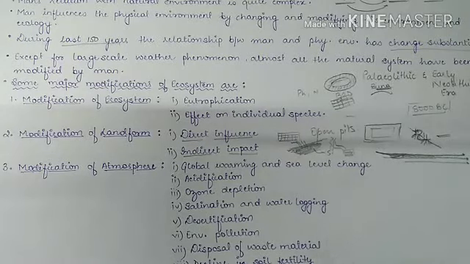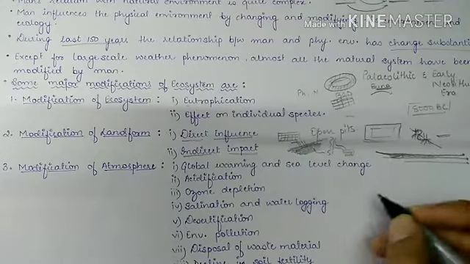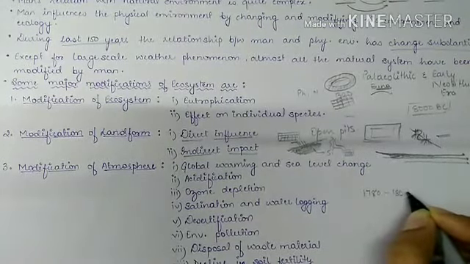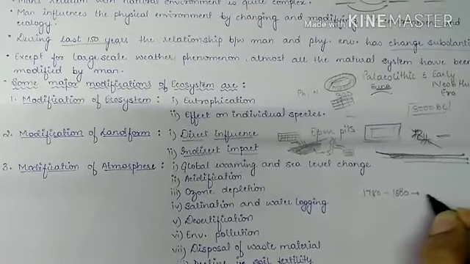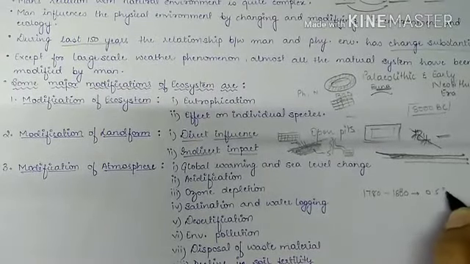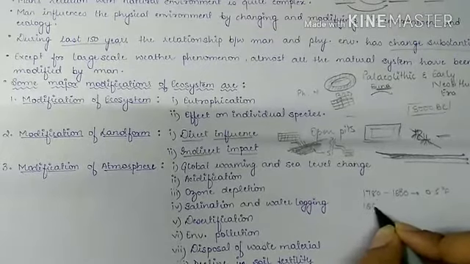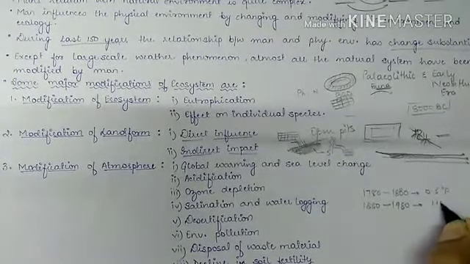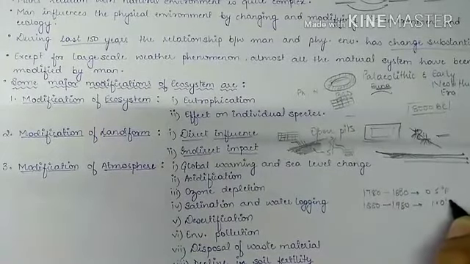Okay, so in 1780s to 1880s the rise in temperature was 0.5 degree Fahrenheit. Okay, then from 1880s to 1980s the rise in temperature was 1 degree Fahrenheit.